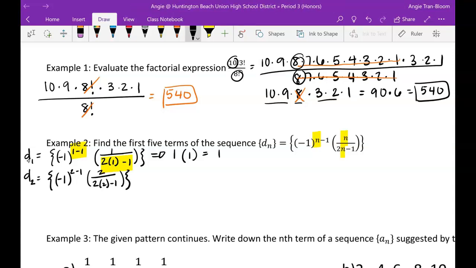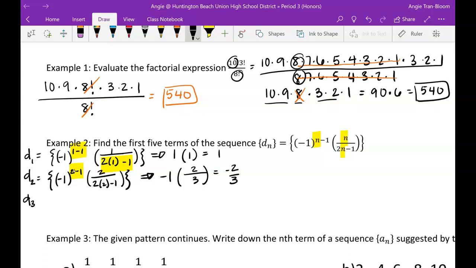Put the closed parentheses on that. So now we will simplify. 2 minus 1 is 1. -1 to the 1 power is still -1 times 2 over 2 times 2 is 4 minus 1 is 3. So this second term is -2 over 3.